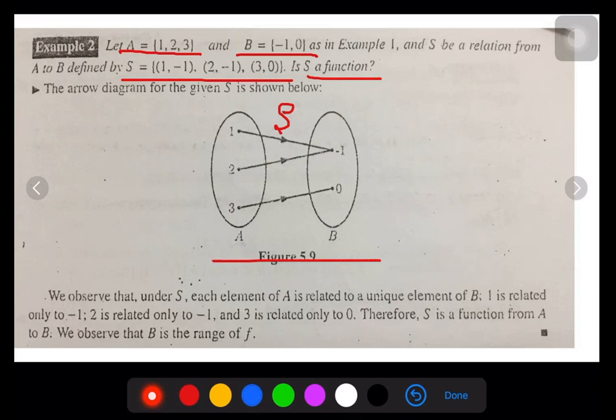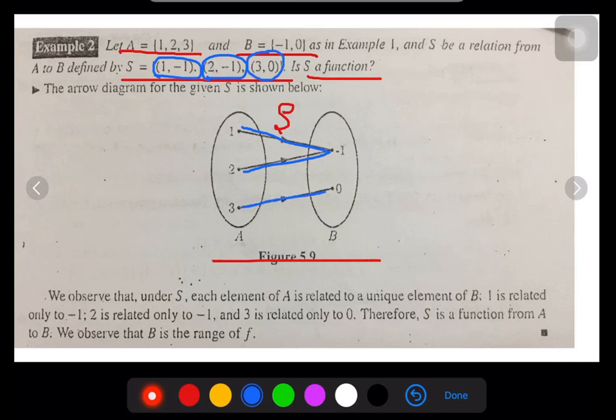Look at each individual element and try to map the connections. 1 to -1, there is a relation. 2 to -1, there is a relation. Then 3 to 0.